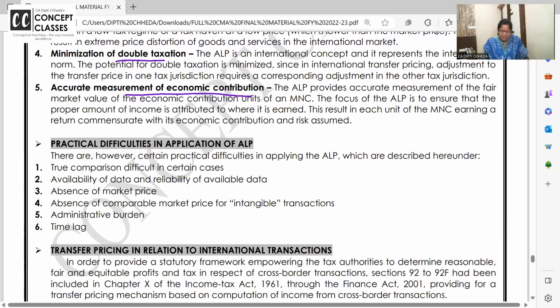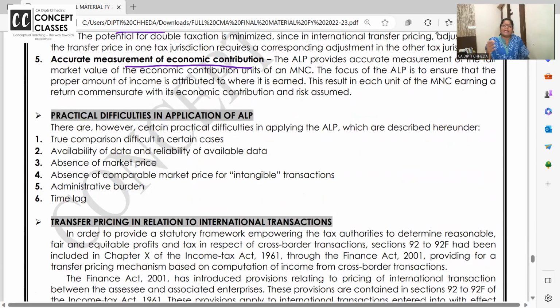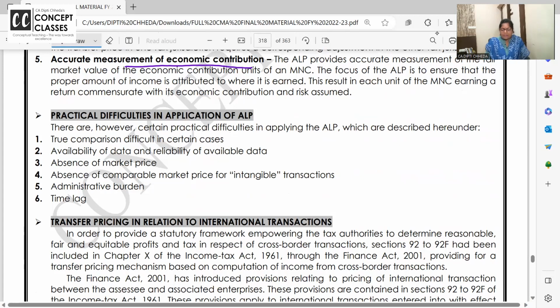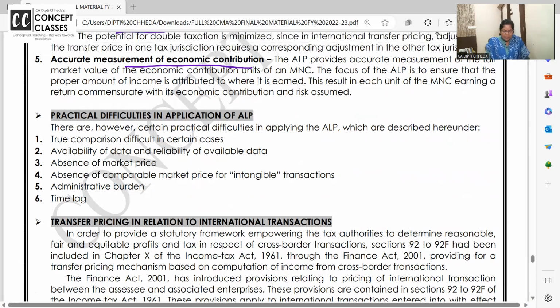Okay. So they are right that we should bring it to arm's length by the CUP method or RSP method. But for that, there are difficulties. One is availability of data. For the CUP method, what is the full form of CUP method? We will do it ahead, but just now, Comparable Uncontrolled Price.